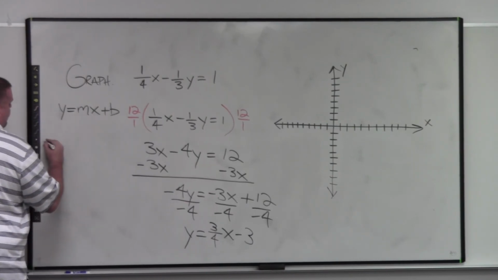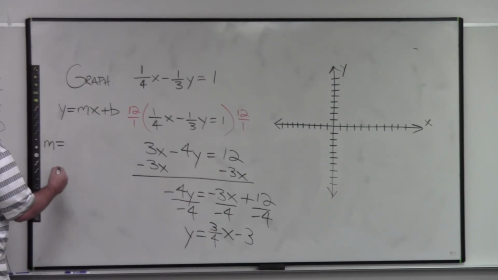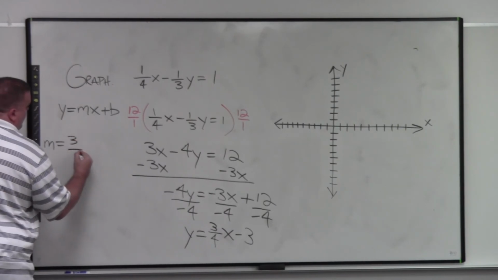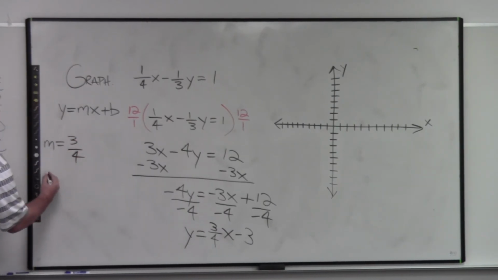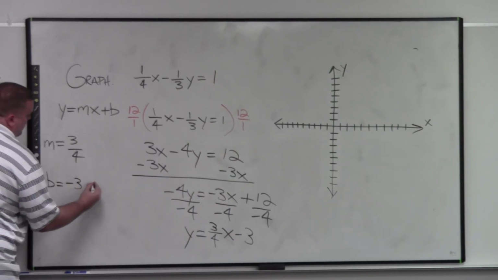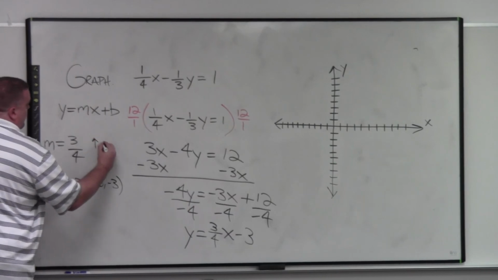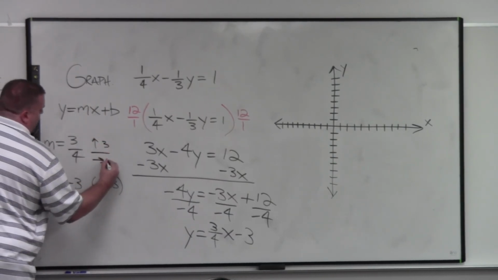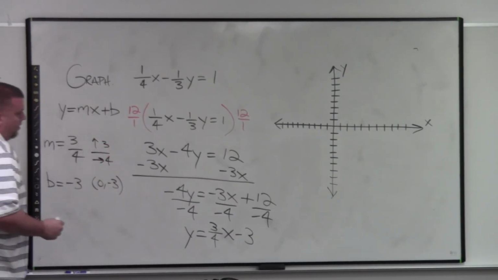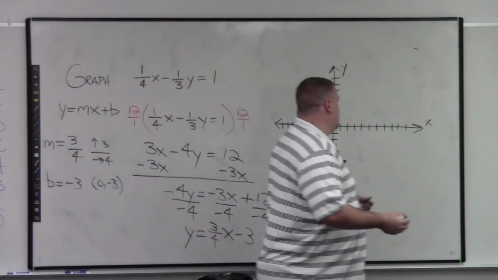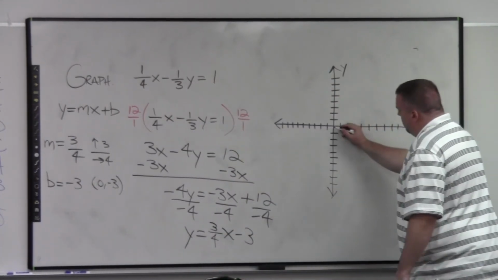It's in slope-intercept form. What's my slope? What's my y-intercept? And that means we're going up 3 and over 4. So at the start of my y-intercept, instead of negative 3, it'll be here.